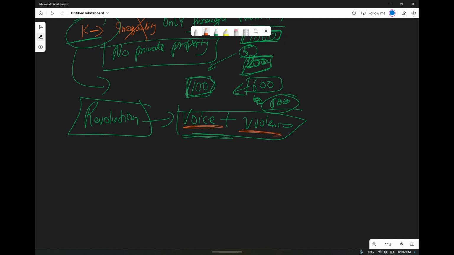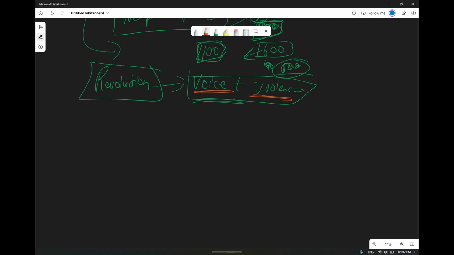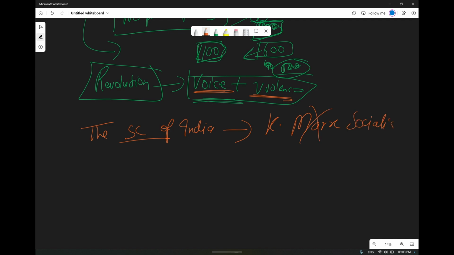The Supreme Court of India said that our socialism is not Karl Marx's socialism. Our socialism is different.